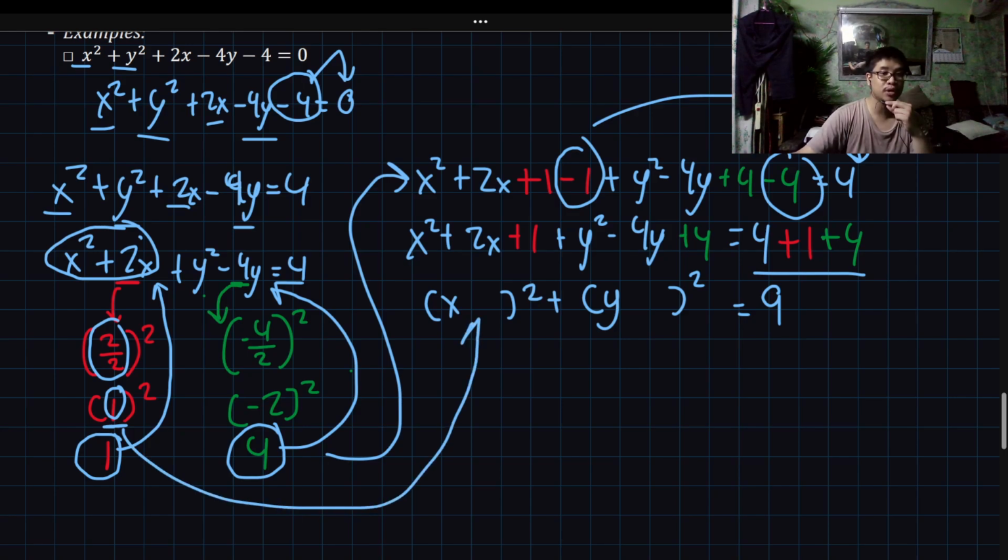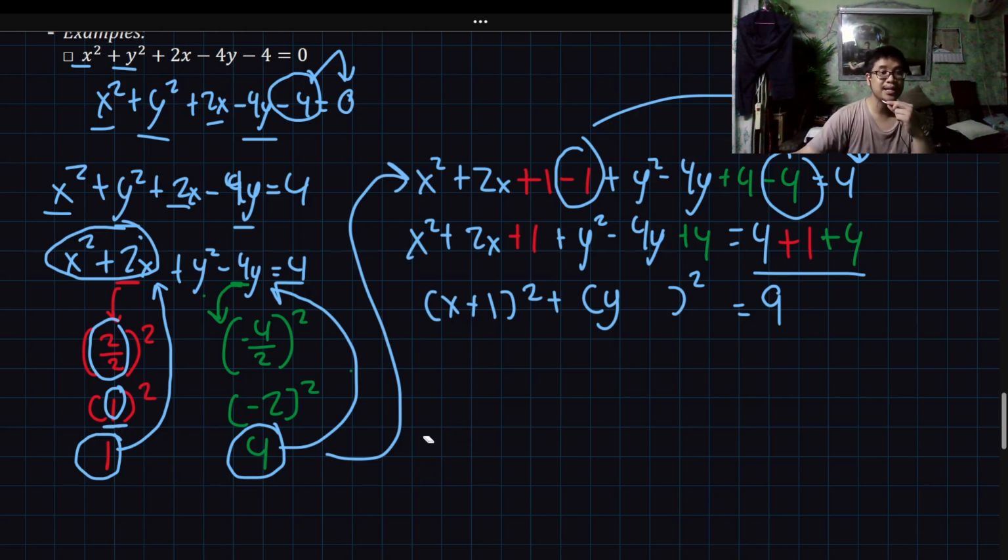That is what you're going to put here. So what you're going to put here is plus 1. That's the technique. Why is it plus 1? Because it's positive.